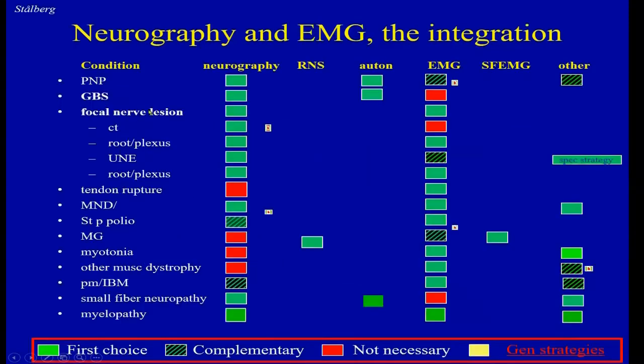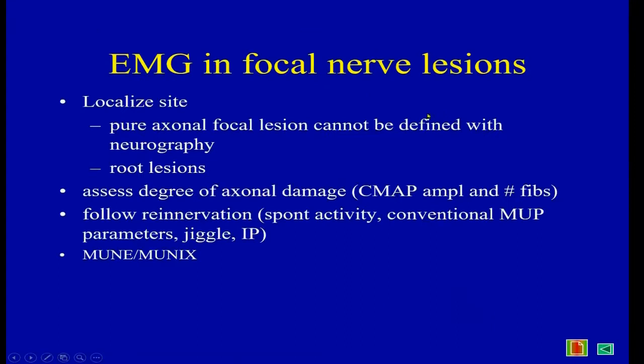But EMG certainly is necessary in focal nerve lesions to localize, to differentiate root lesions from plexus and so on, and also give a scoring of the amount of abnormalities.